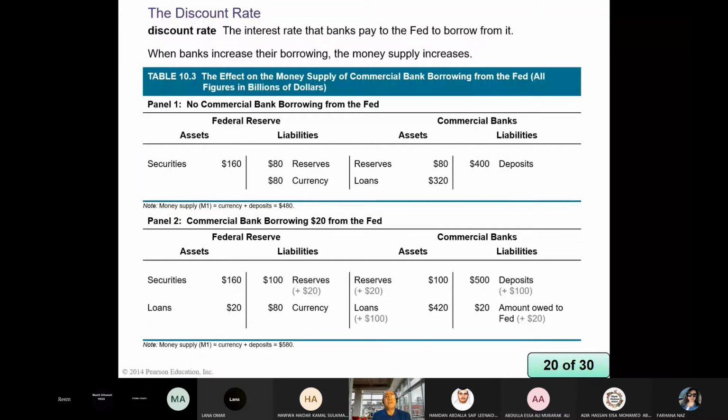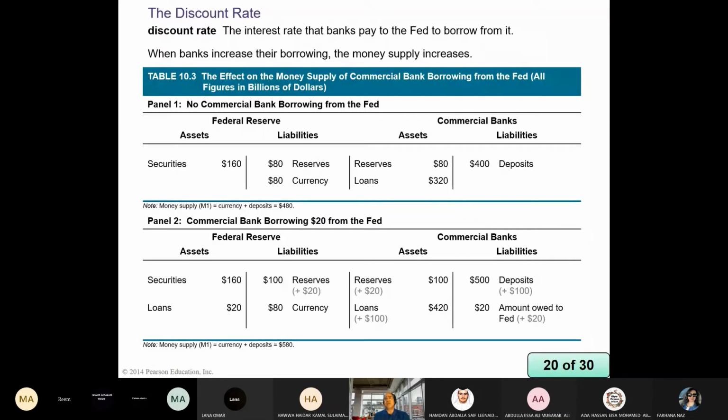So during a recession, during the coronavirus pandemic, the central bank should lower the interest rate. That will encourage commercial banks to borrow money from the central bank, because borrowing will be less costly.